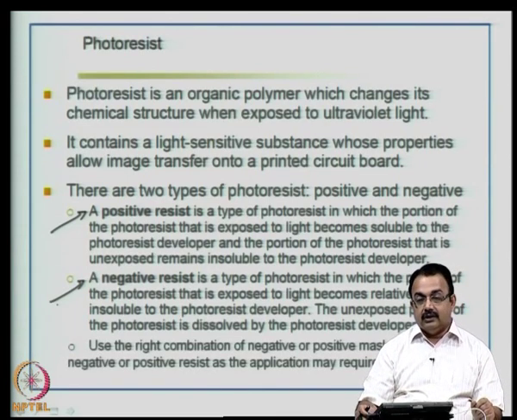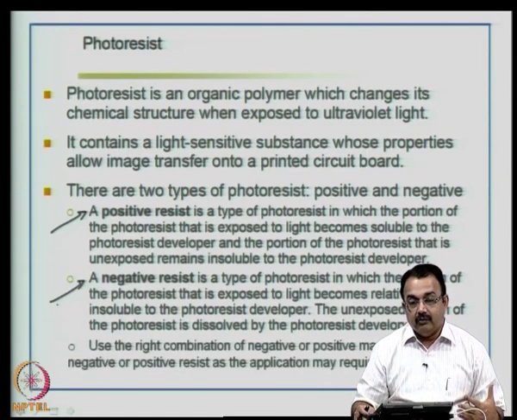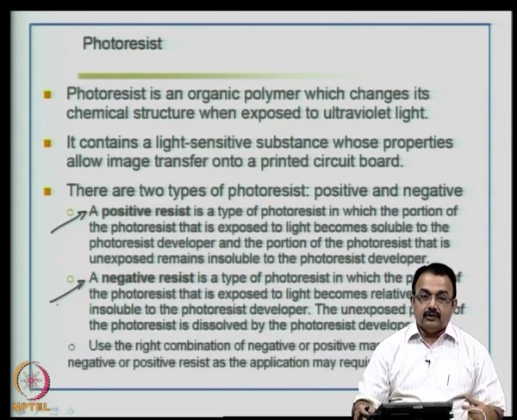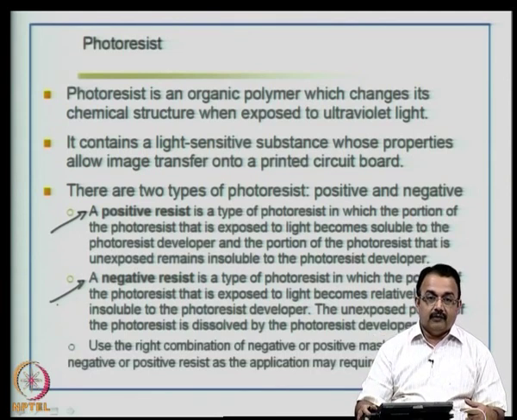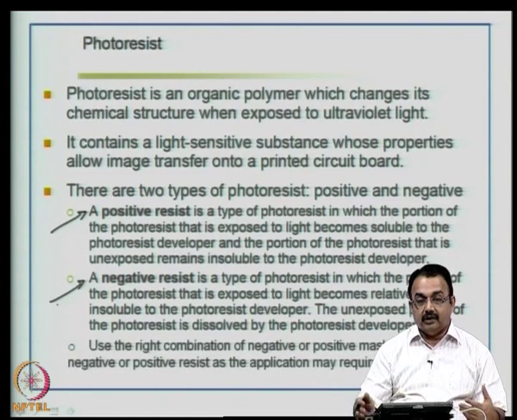In some cases, your positive resist may be very good for fine line circuitry, but for coarse lines you can use a negative photoresist. So, depending upon the sequence in your multi-layer board fabrication, this technology can be used for any other printing process, not necessarily PCB.